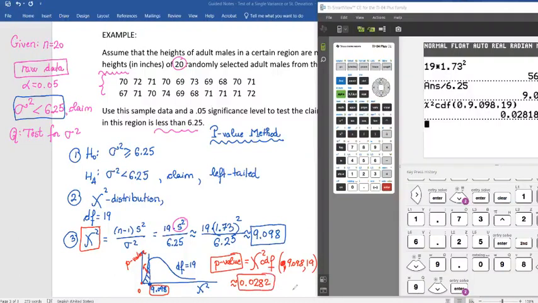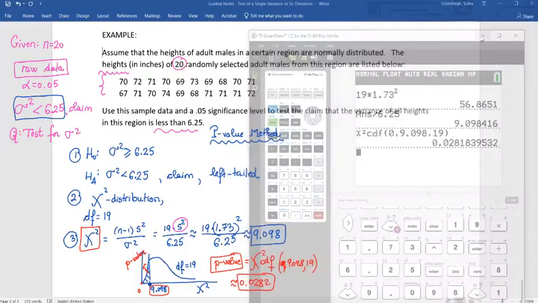I'll just keep it to 4 decimal places. This is a test value, the chi-square. I kept it to more decimal places. Usually we keep it to 2, but I want it to be a little bit more accurate here. Hope this makes sense. So the p-value was found, and now we will be able to conclude this test using the p-value method. Here we go.